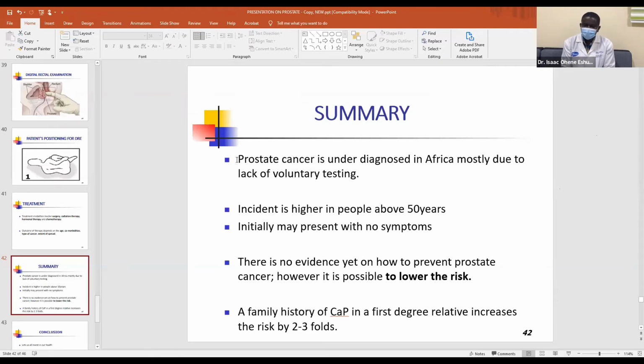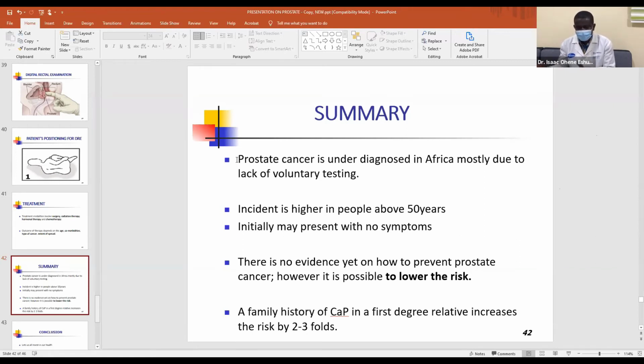Now, the incidence of prostate cancer is higher in people above the age of 50. As we said, 1 in 350 if you are looking at age 50: if you take 350 people, 1 will be confirmed with prostate cancer. When you move from 50 to 59, we are saying 1 in 52.